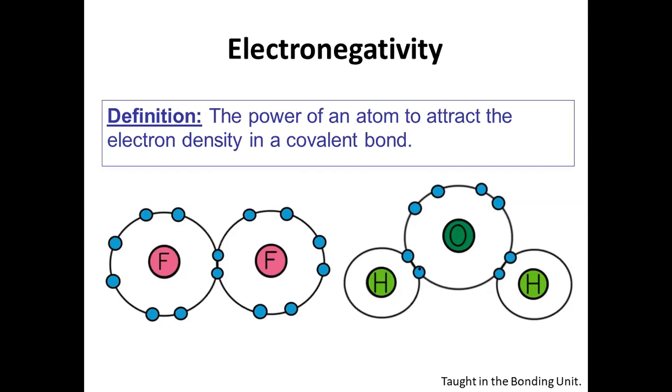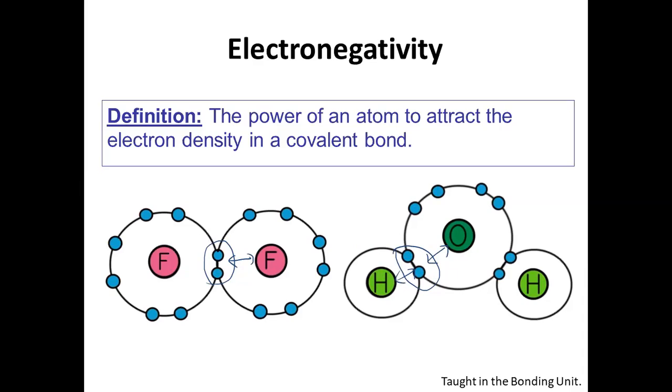Right, so one new one that we haven't discussed in the previous section is electronegativity. Electronegativity we learn about in the bonding unit, and the definition is the power of an atom to attract the electron density in a covalent bond. So we've got a covalent bond here between 2 fluorines or between hydrogen and oxygen, and that covalent bond has an attraction to the nuclei in the atoms.